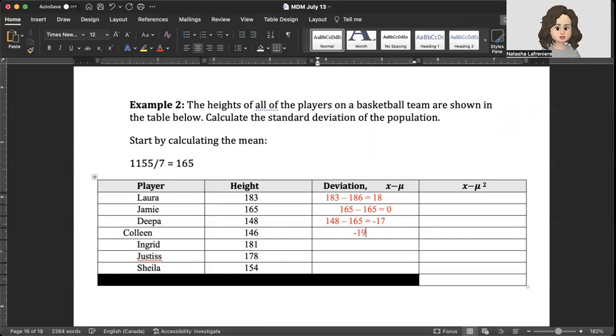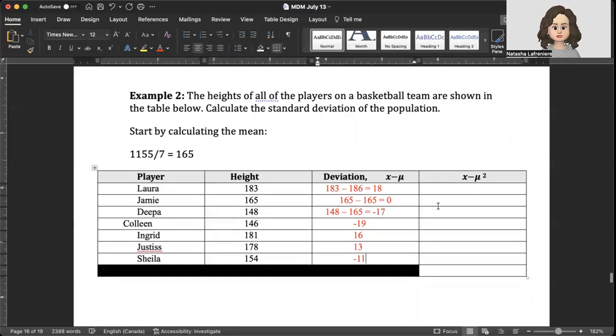Okay, I'm not going to keep doing those, but you get the idea. And then -11. And so you take this number and you square it. So 18 squared is 324. And your total is 1520.